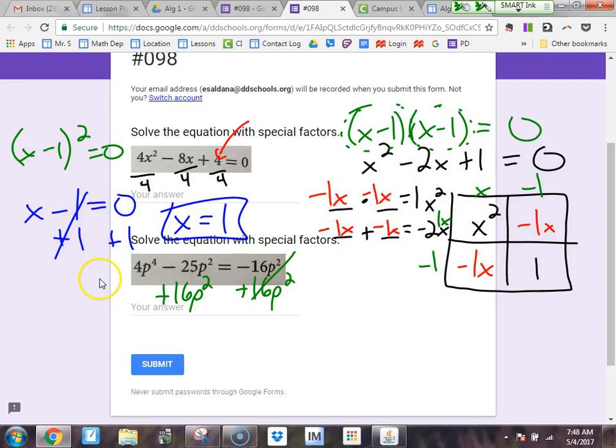I have a negative 25p squared on the left side, and I'm going to add 16p squared. So that's 4p to the fourth minus, well, because it's negative 25 plus 16, I get minus 9, right? Minus 9p squared equals 0.